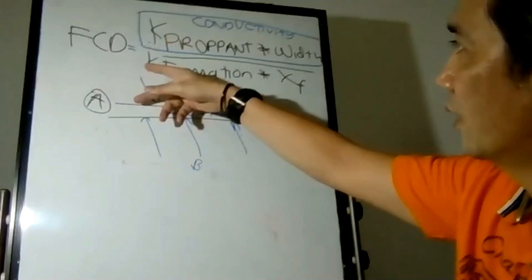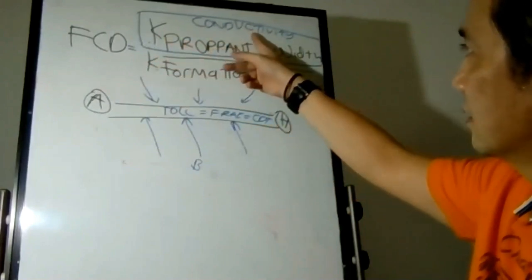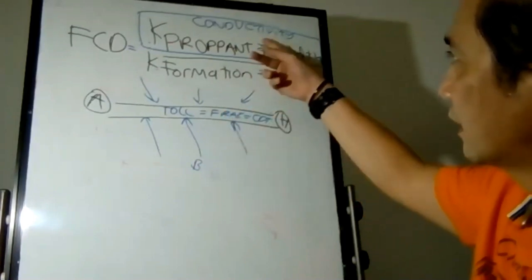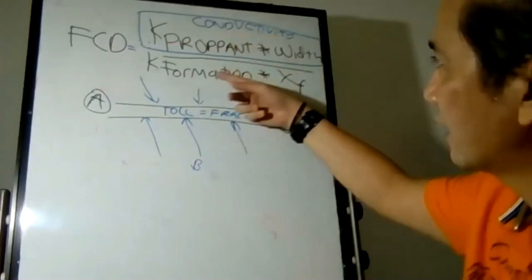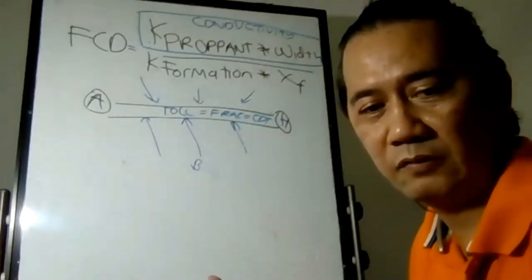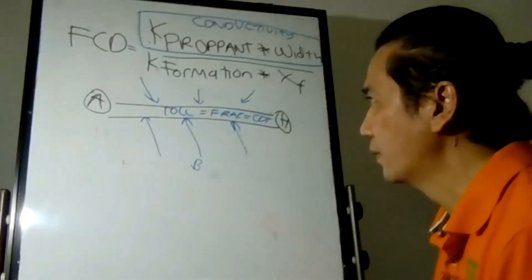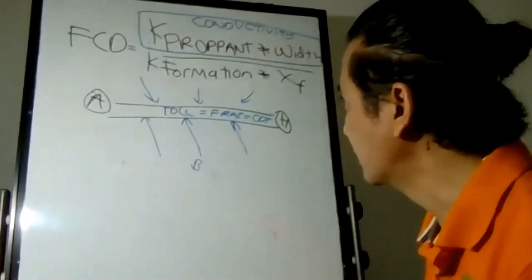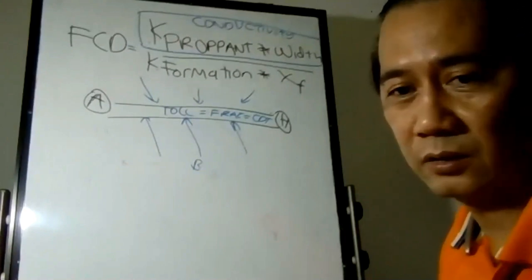What does 2 mean? Your conductivity, K prop times width, your toll, can deliver 2 cars, while your formation delivers 1 car. So you are on the safe side, that your toll will allow you to go to the airport without any delays because it's bigger than what the supply road can deliver, right?